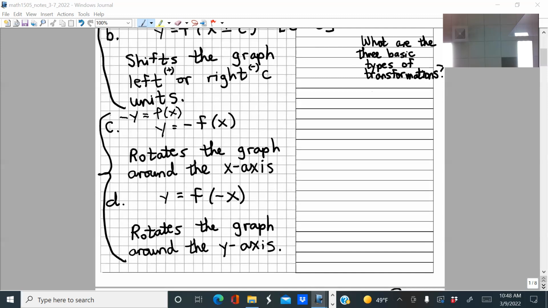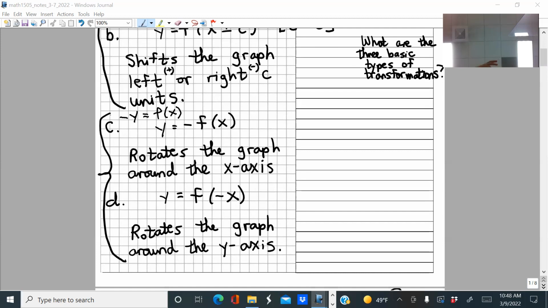With a rotation, you're just multiplying by a minus sign. The way the book explains this is, if you apply the minus sign to the whole function, you're rotating the graph around, what does it say here? Yes, you're going to rotate the graph around the x-axis.